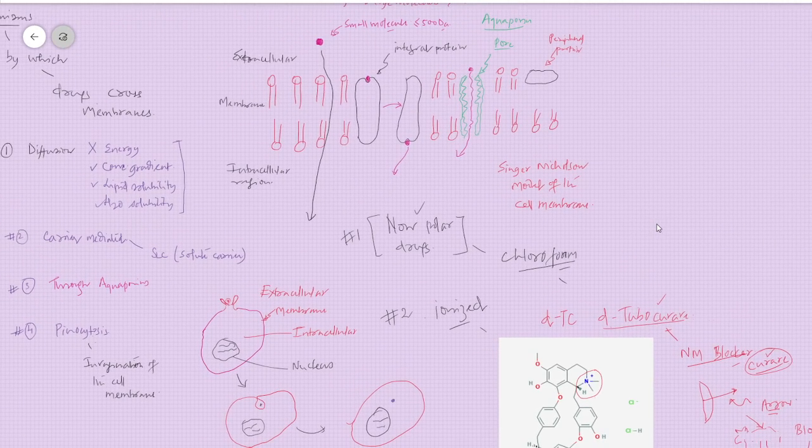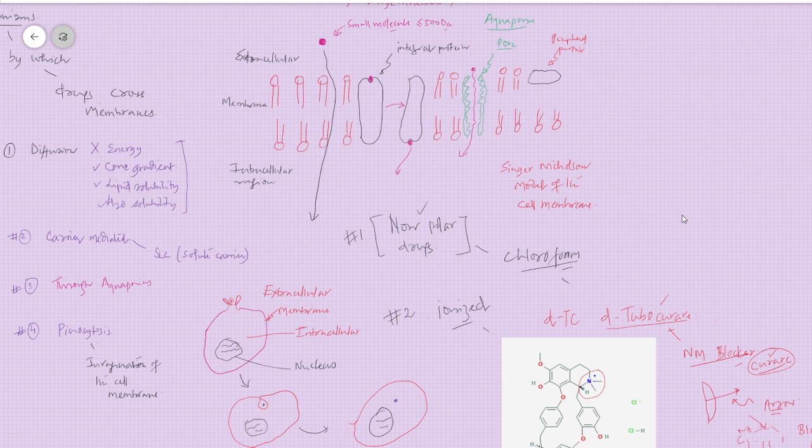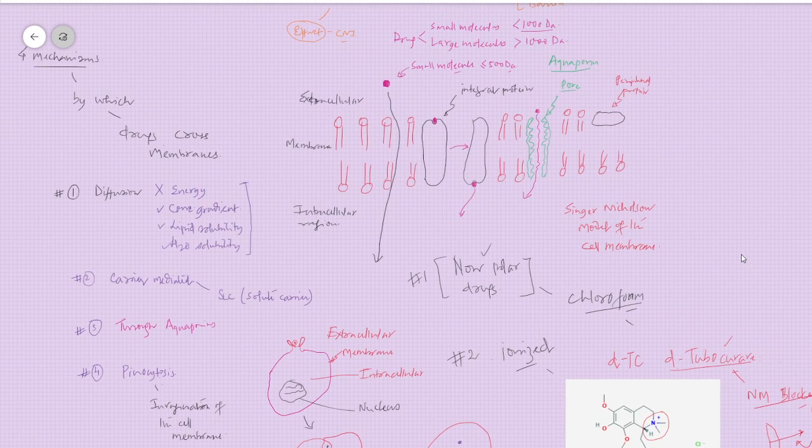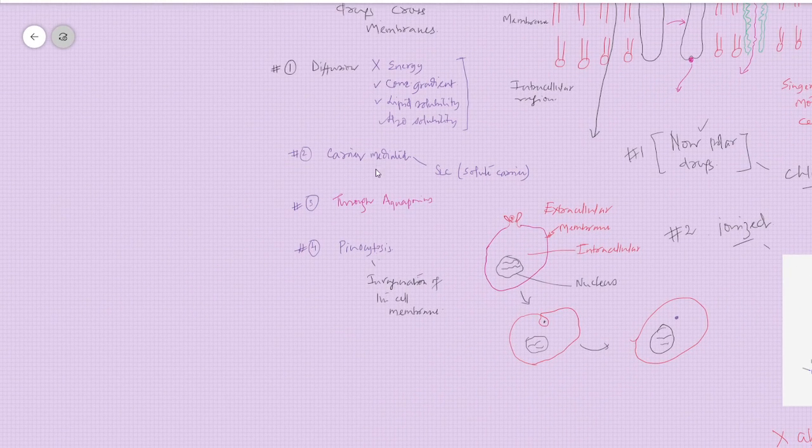But the rule of thumb to remember is if the drug is highly ionized, it's very difficult to cross the membrane barriers. Then the other point that we need to remember is carrier-mediated transport. So, solute carriers. We talked about only one carrier, like solute carrier.